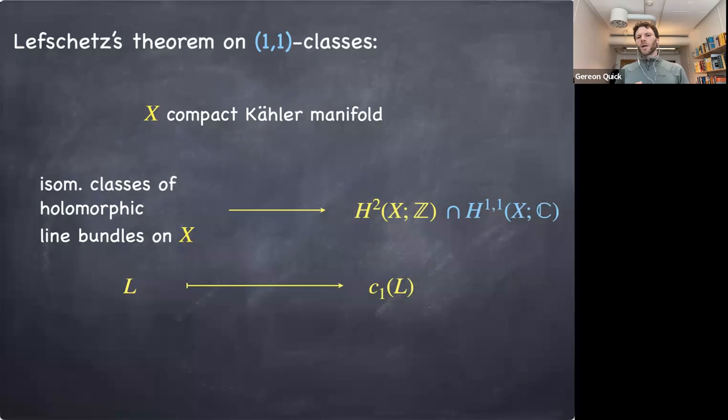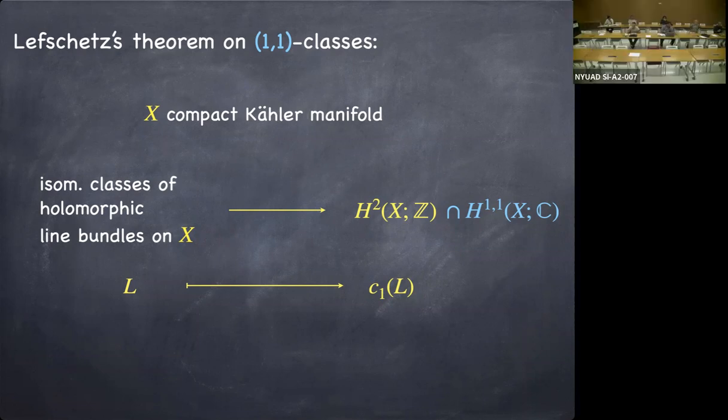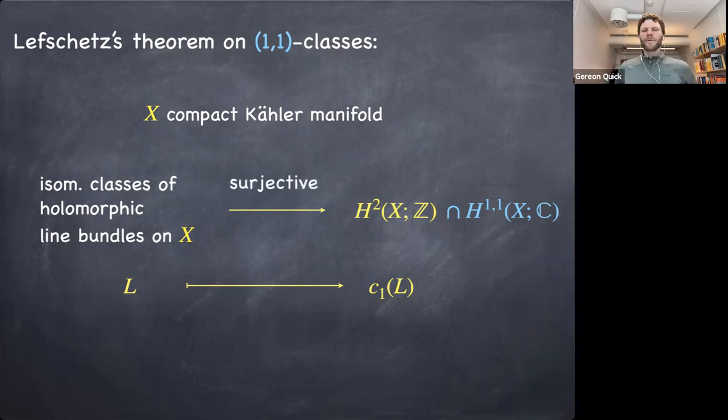Remember, if you take local coordinates on your manifold in order to calculate the differentials, you can split them into dz's and dz bars, and then you get the Hodge decomposition on the cohomology by keeping track of how many dz's and dz bars you have. So in this case, one dz and one dz bar. And so Lefschetz's theorem now says that this map is actually surjective.